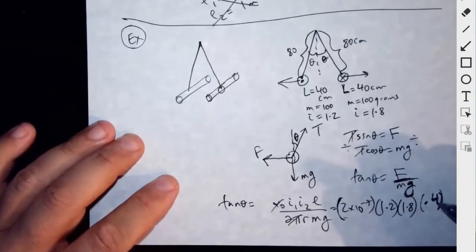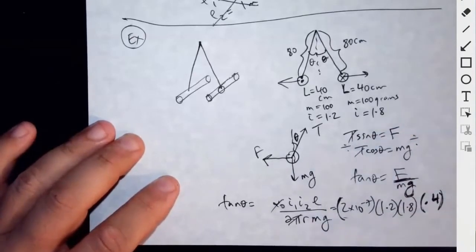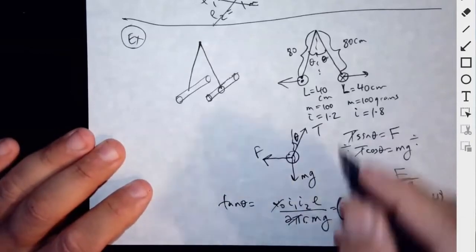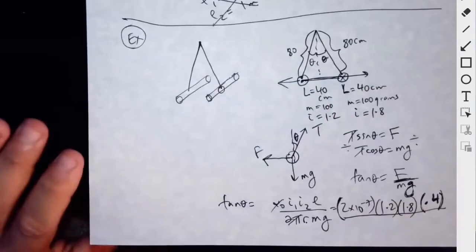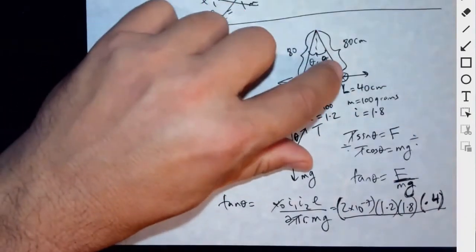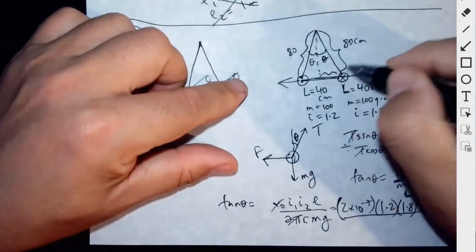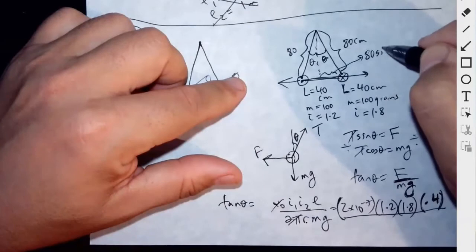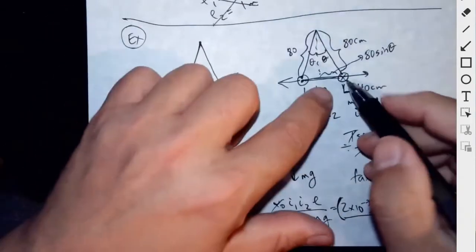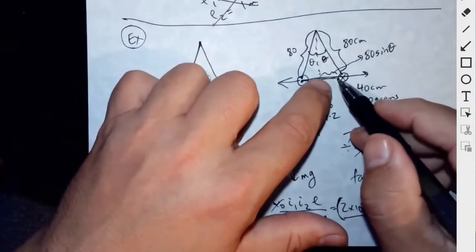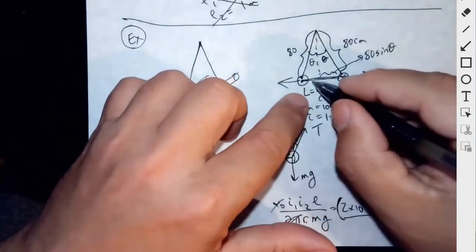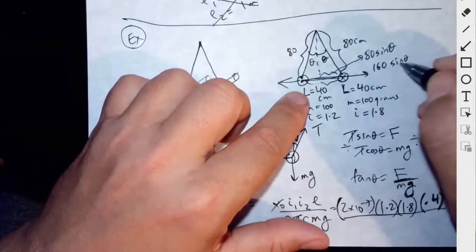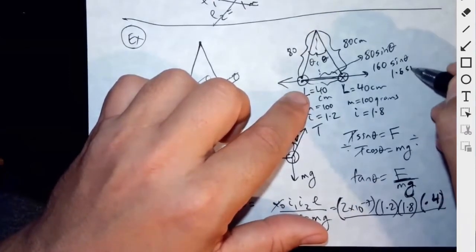The pen is tired. It's like it's on its last wind. Divided by r, the distance between them. Oh, which is going to be what? This distance is 80 sine of theta, right? 80 sine of theta. And then so the total distance is going to be 160 sine theta. And then you change that to meters, 1.6 sine theta.